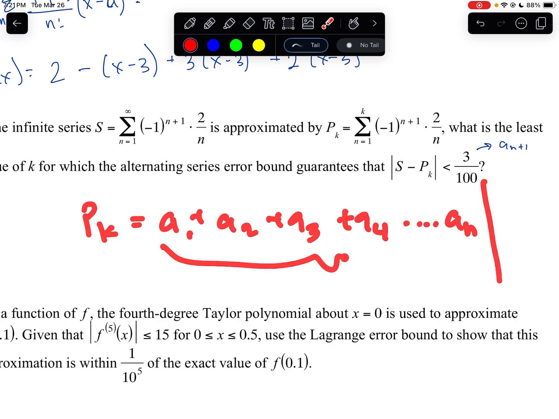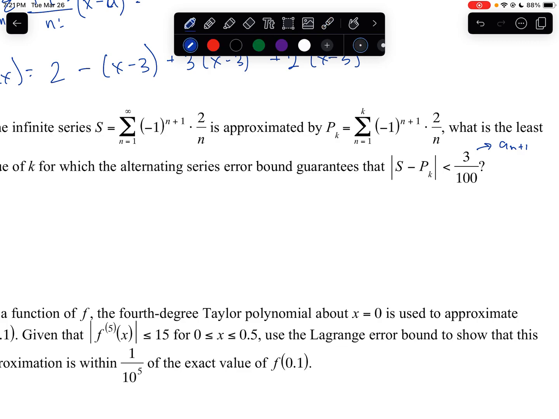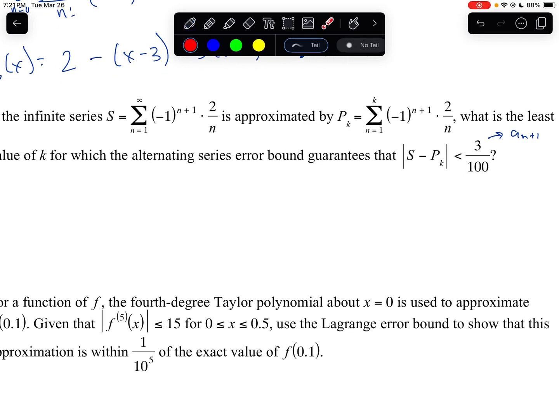So all this right here is p sub k, which means the nth plus 1 term we want to be less than this right here. So what is my nth plus 1 term? Well, I'm just going to plug in n plus 1 into either one of these. Doesn't really matter.